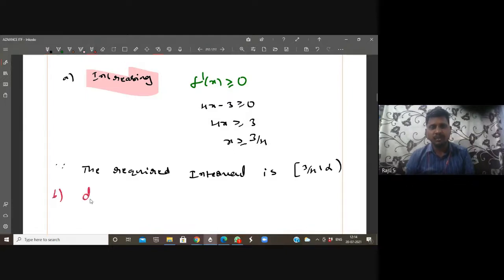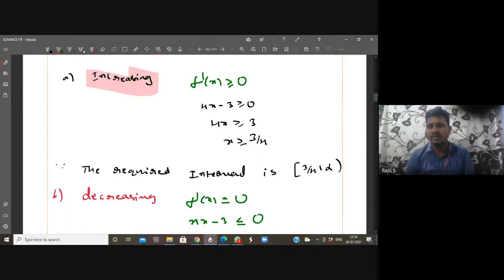Then what about the second subdivision, B, decreasing? In increasing, we took greater than or equal to 0. In decreasing, we can take lesser than or equal to 0. Clear? So f dash of x is lesser than or equal to 0. The f dash of x value is 4x minus 3 lesser than or equal to 0.